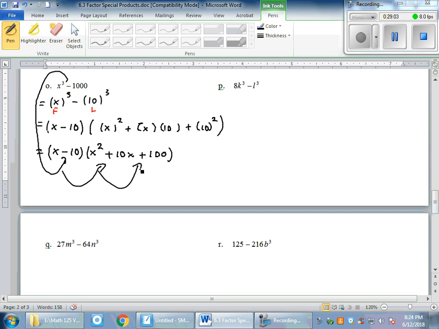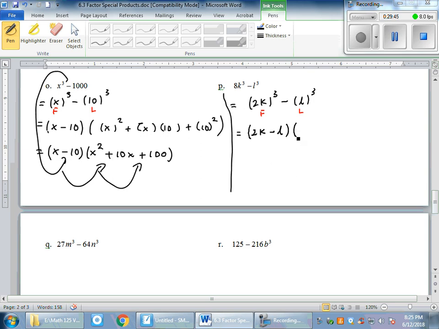So let's take a look at our next example. 8 is a perfect cube number. Oh, I'm sorry, if I've been saying perfect square, please correct that to perfect cubes. So this will become 2k to the third power minus L to the third power. Now I know that here's my first and here's my last. Using the formula, it will be first minus last.